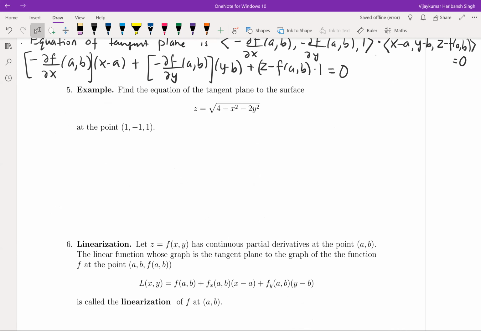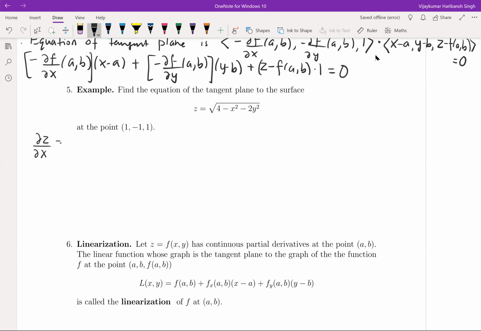So find the equation of the tangent plane to the curve at point 1, minus 1, 1. So first we need to compute this guy at 1, minus 1, right? We need to compute this. So first we'll compute the partial derivatives.